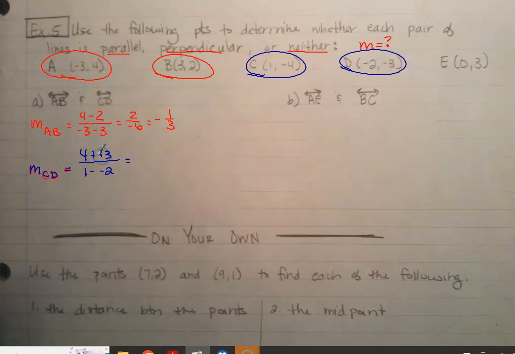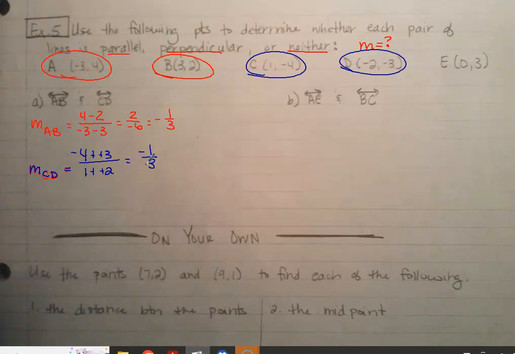So negative 4 minus... oh, hold on. I'm sorry, that's negative 4. There we go. That's better. So negative 4 plus 3, negative 1. 1 minus a negative is going to be plus. 1 plus 2 is 3.